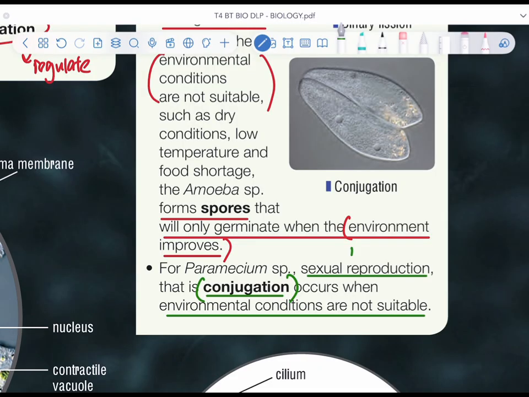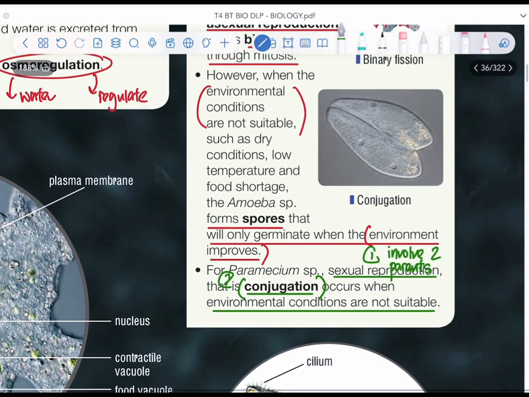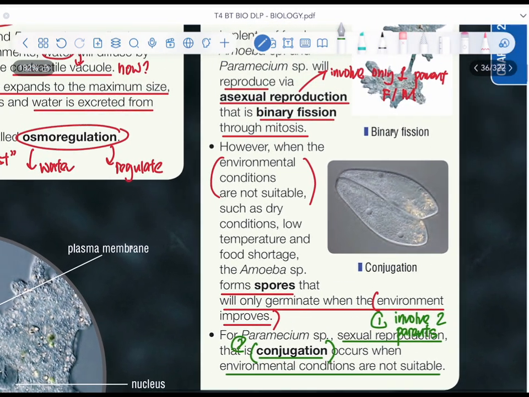Paramecium is different from the amoeba species in that it carries out sexual reproduction. Sexual reproduction involves two parents, meaning that even though there is only one Paramecium, it cannot reproduce alone, because the Paramecium needs another partner to reproduce.